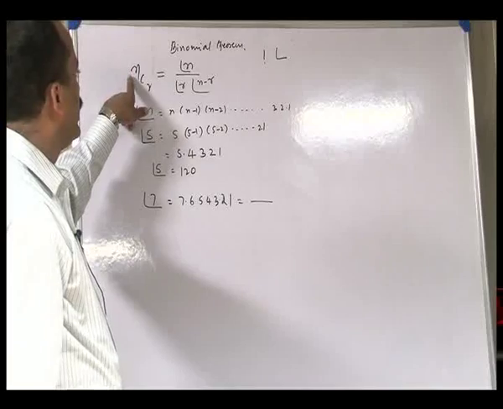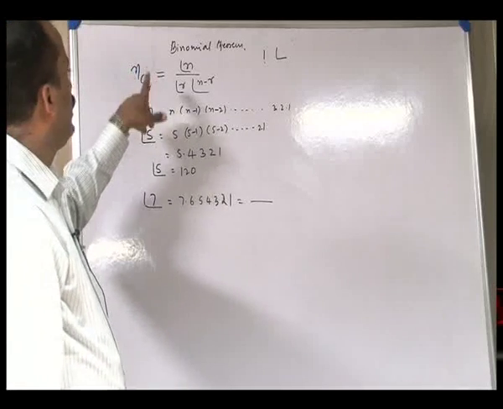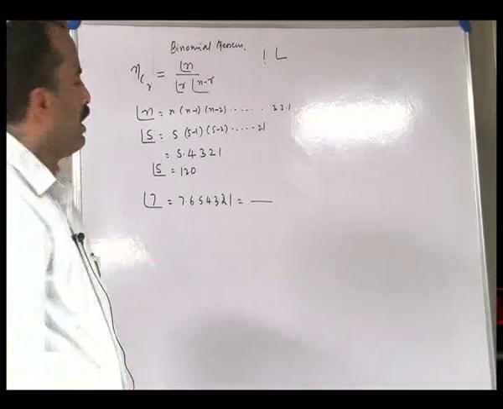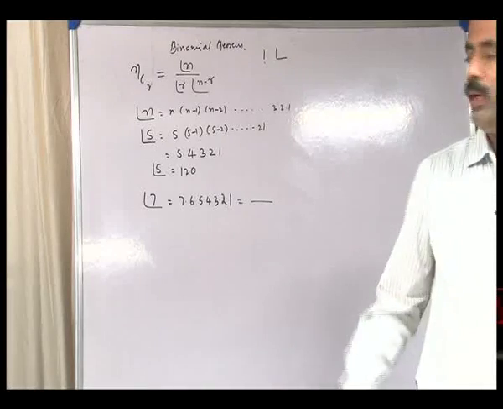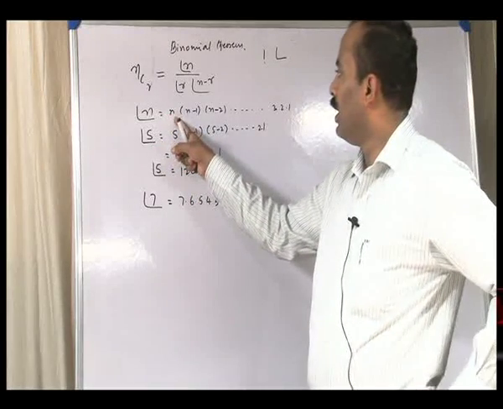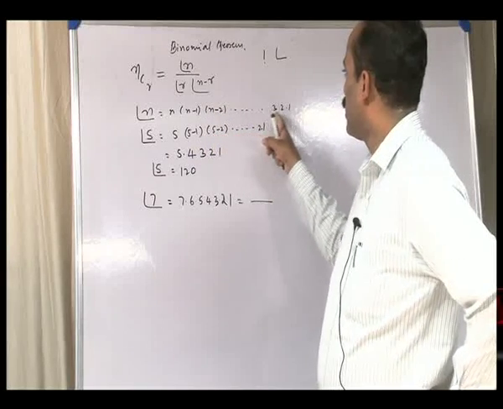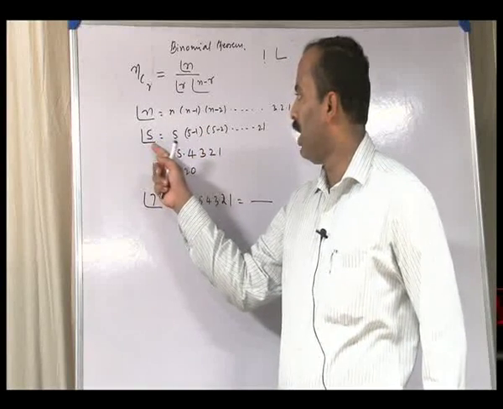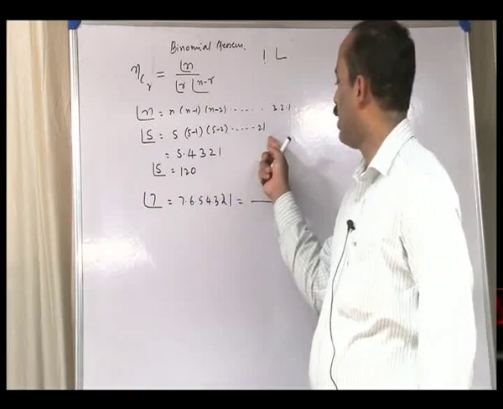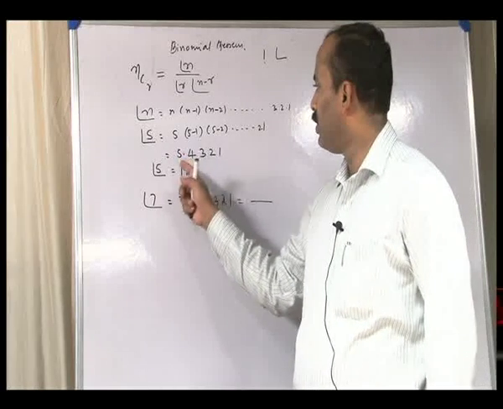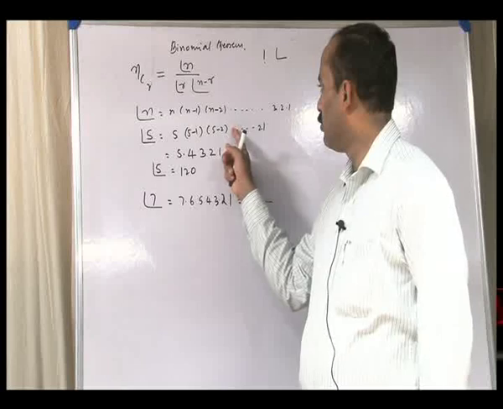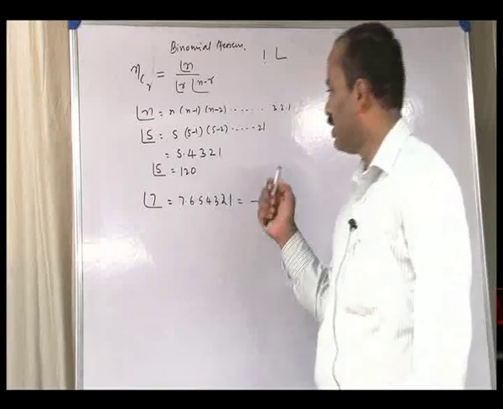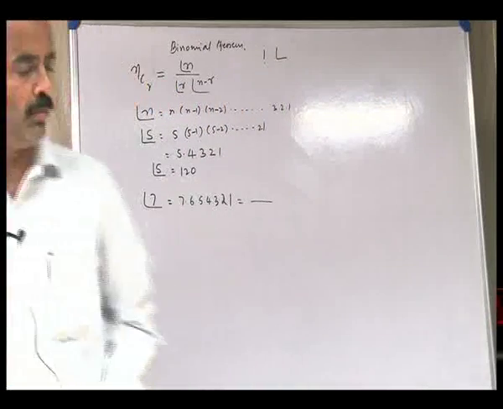So nCr is equal to n factorial divided by r factorial into (n minus r) factorial. Factorial 5 is 5 into 4 into 3 into 2 into 1, so it becomes 120. Similarly, you can find the value of factorial 7 in the same way.